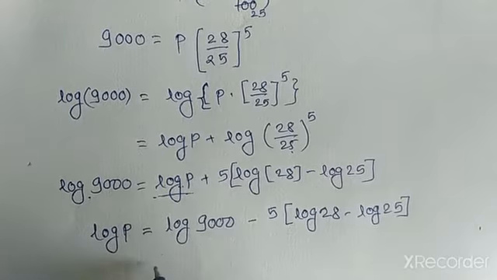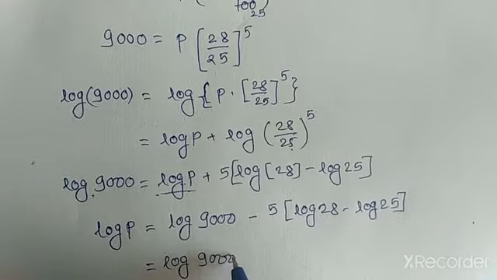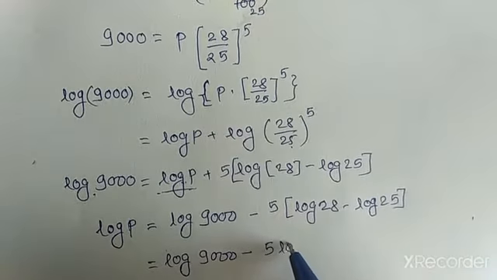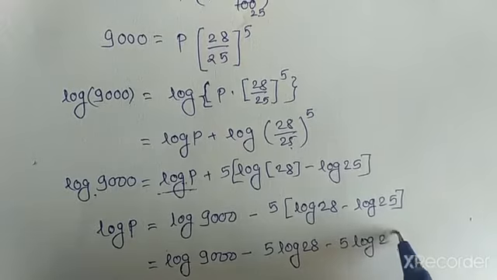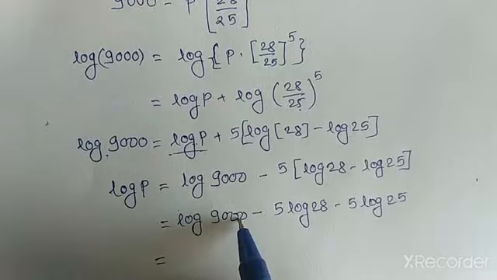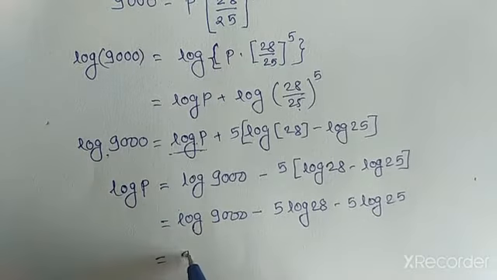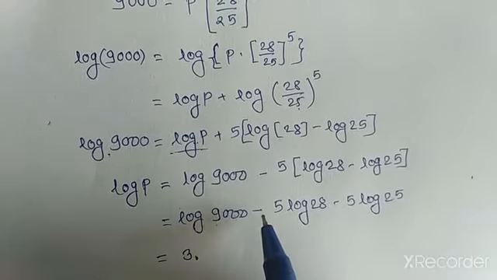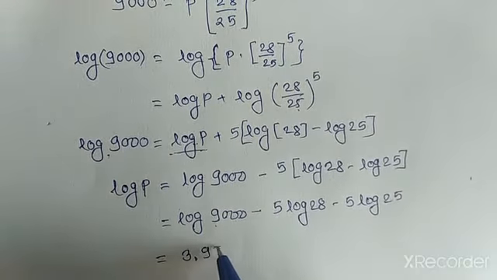So which will be log 9,000 minus 5 log 28 minus 5 log 25. Here the characteristic of log 9,000, which has 1 2 3 4 digits, is 3, and 90 in 0 is 9542.